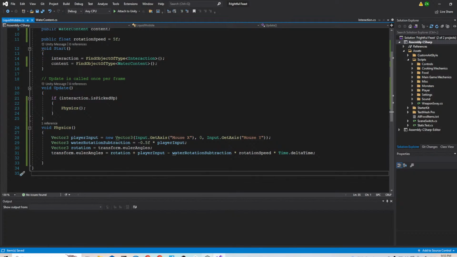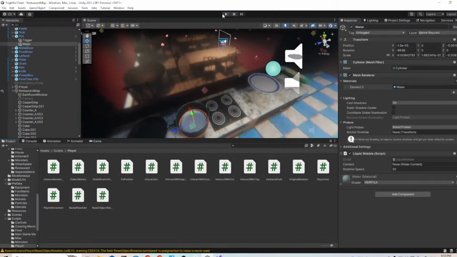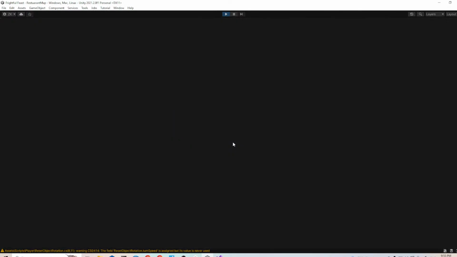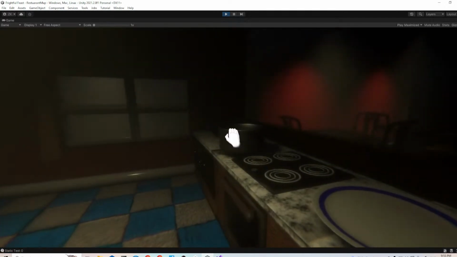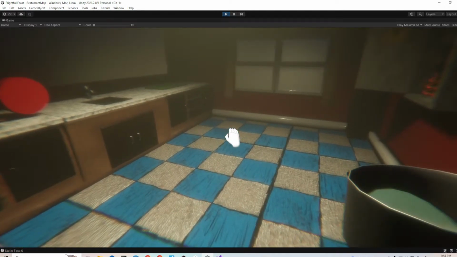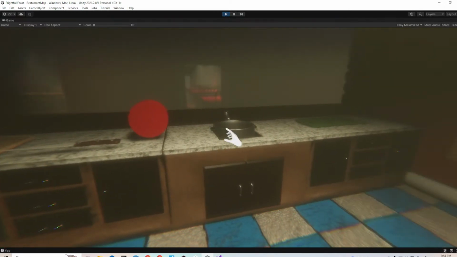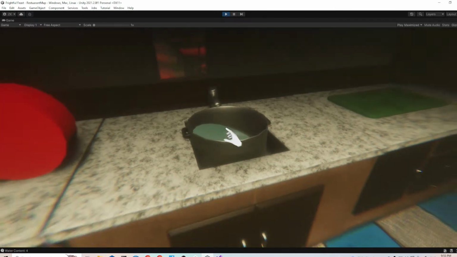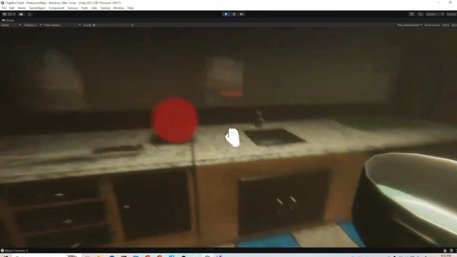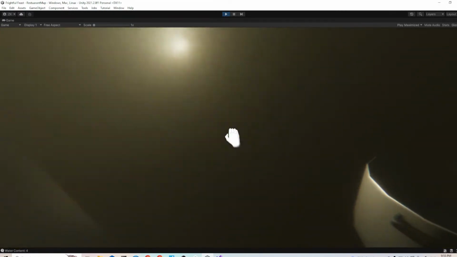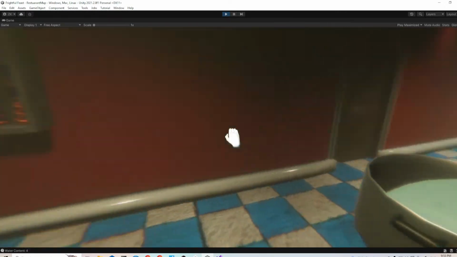We'll see how it goes. I really don't know. Not looking good so far. See, it's moving. Up and down moves it left and right.